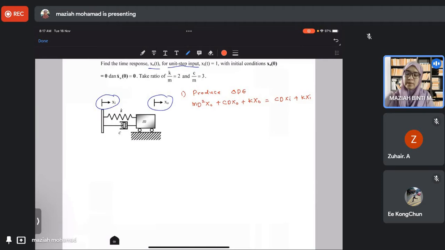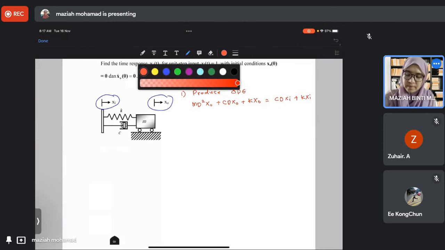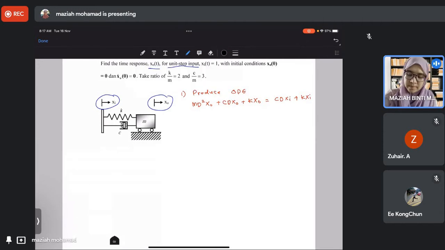All right, so let's write d square x naught plus c over m d x naught plus k over m x naught equal to c over m d xi plus k over m xi.